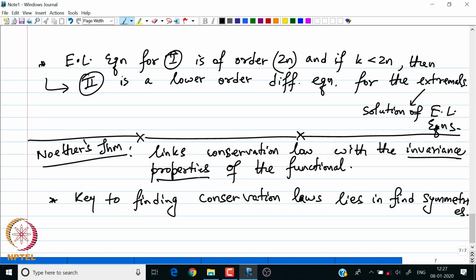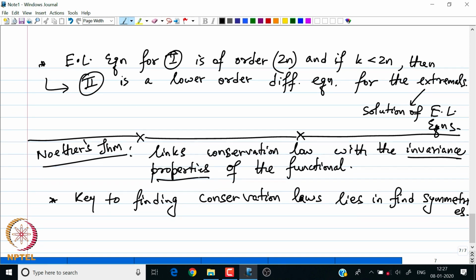So, right now in this lecture, we will just assume that the symmetries exist or the invariance properties exist. We will look at only those examples for which we know the invariance properties, and from there we are going to derive the conservation laws. In the next lecture, we will highlight a method of finding these symmetries.